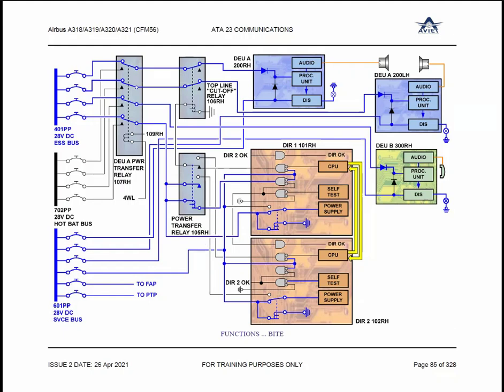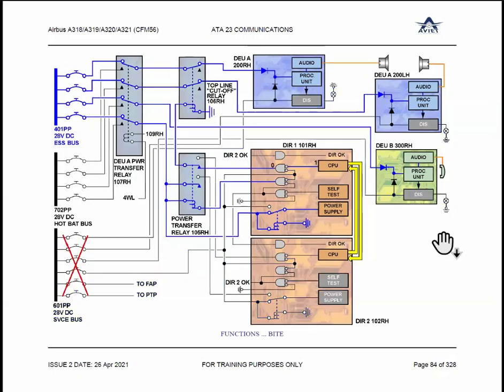Now, let's go back and see the abnormal situation. This is the abnormal situation. Now, in the abnormal situation, what happened? You lost the service bus, correct? When you lost the service bus, what did you lose?